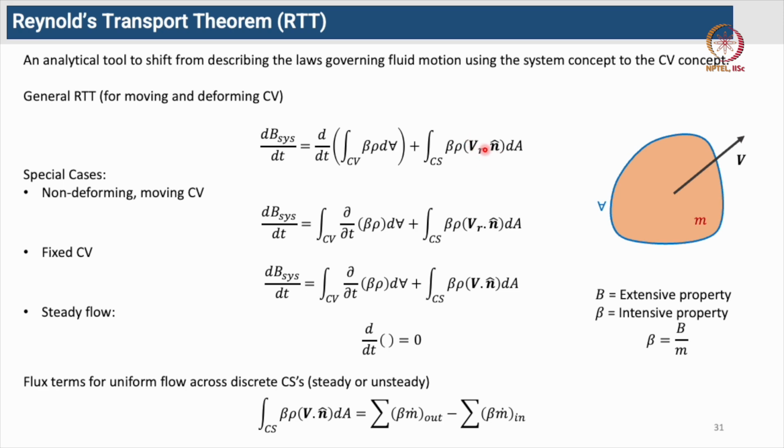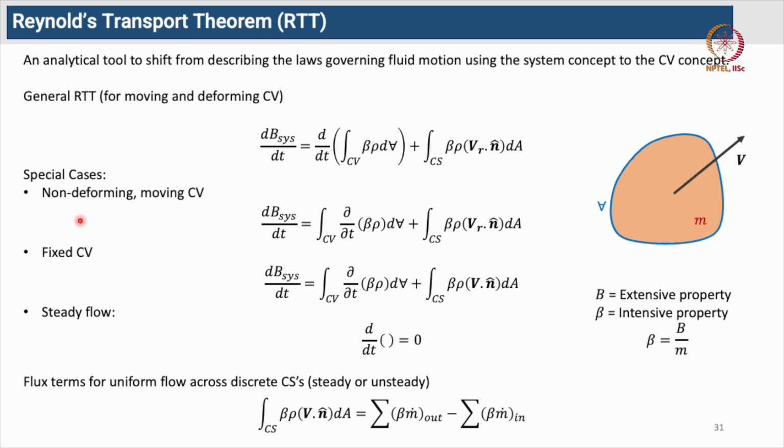Here V_R is the relative velocity, and this is a dot product with respect to the area. So this is basically a scalar dot product, where you have the component of the flux which is normal to the area.